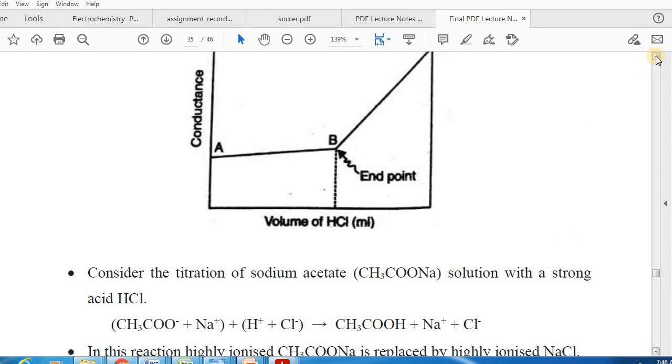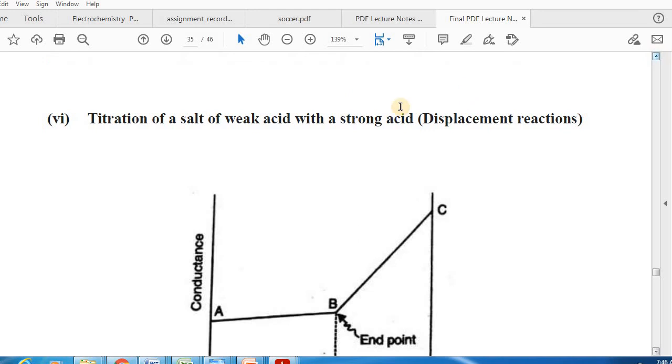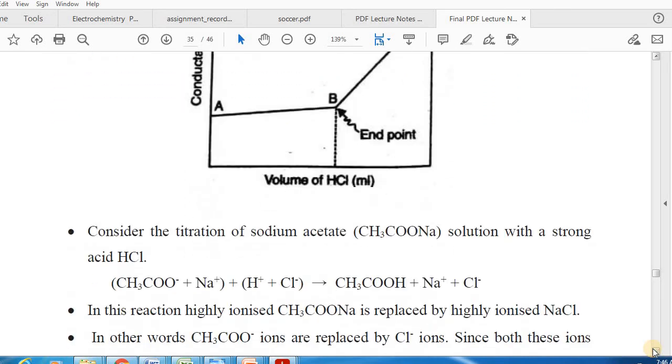So the salt of a weak acid we are taking here is sodium acetate, and the strong acid we are taking here is HCl. So what is happening here? These are giving acetic acid plus Na+ and Cl- ions in the solution.